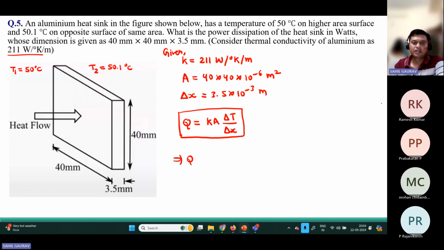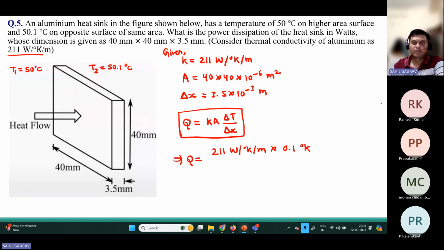So all values we have known. K is 211, delta T is 0.1 degree Celsius.